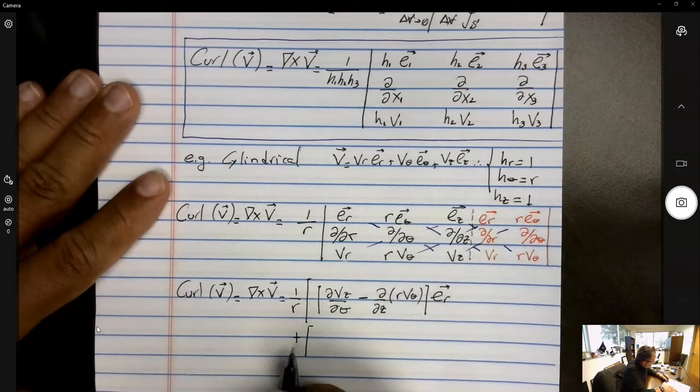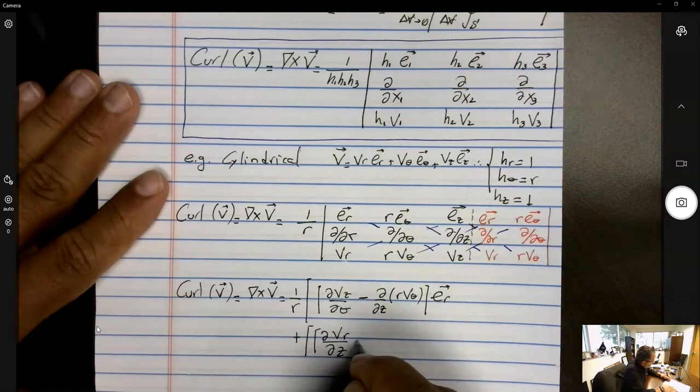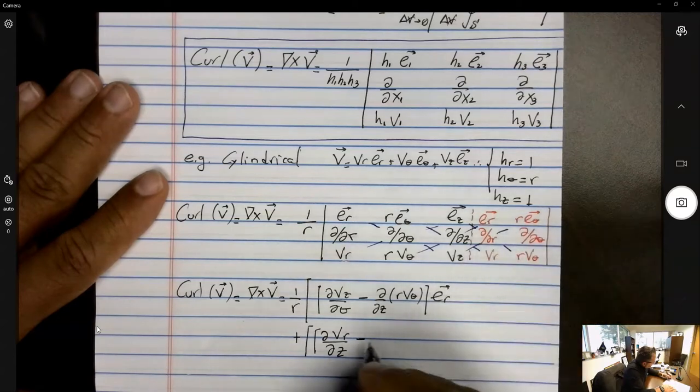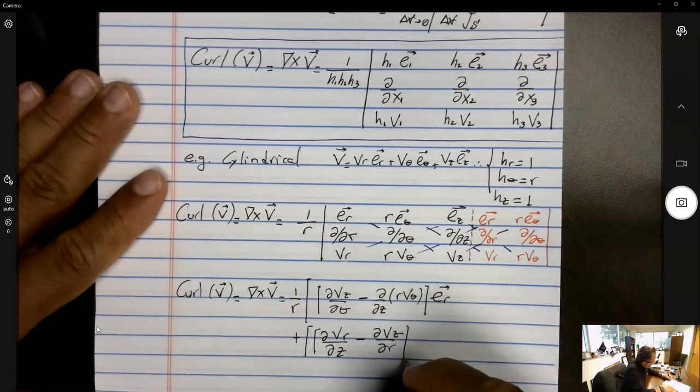It would be d vr/dz, and then in the negative theta direction, d vz/dr, and that now multiplies r e theta.